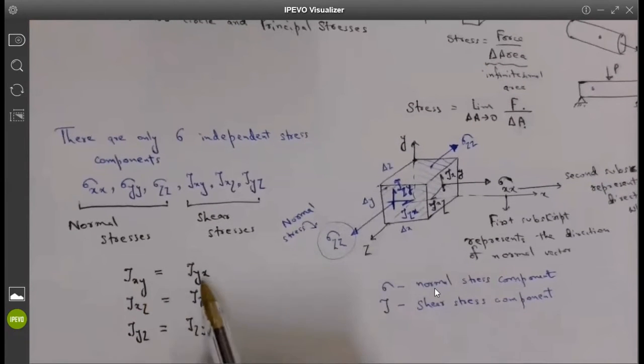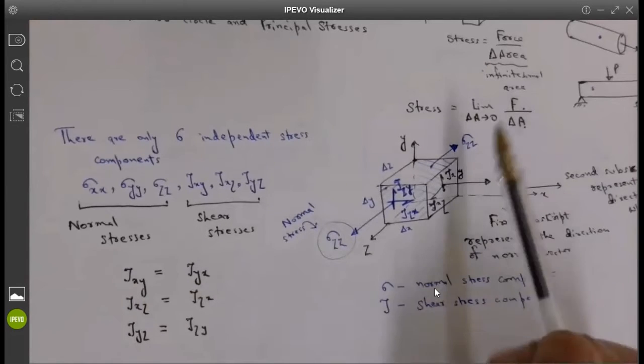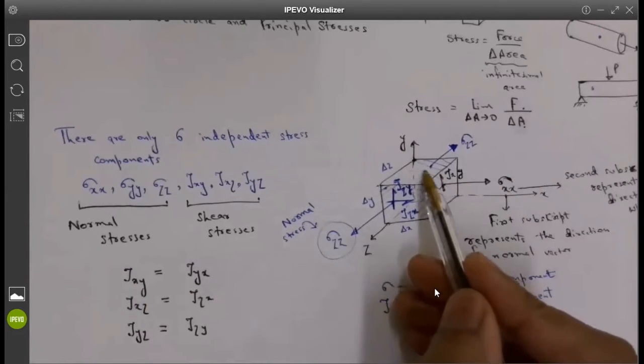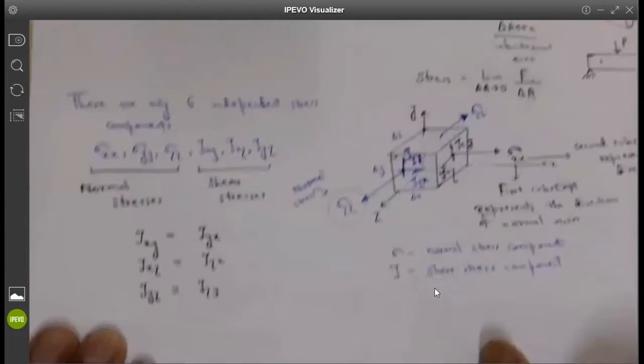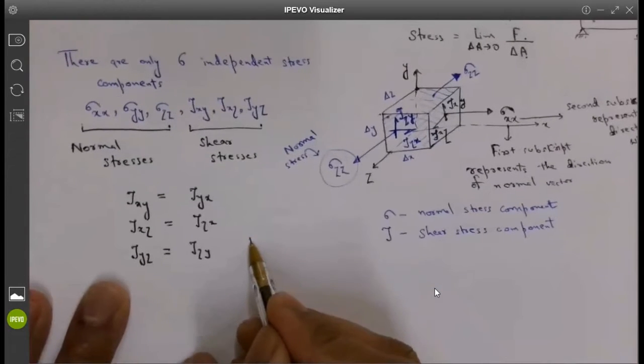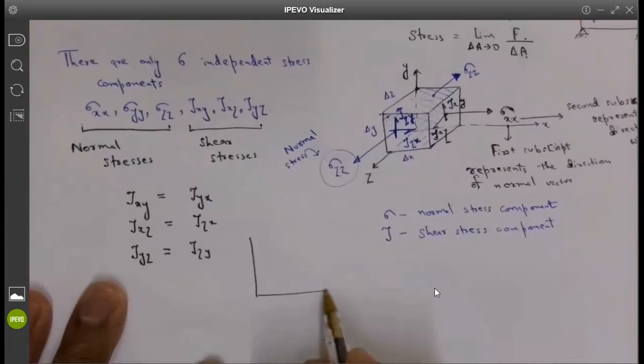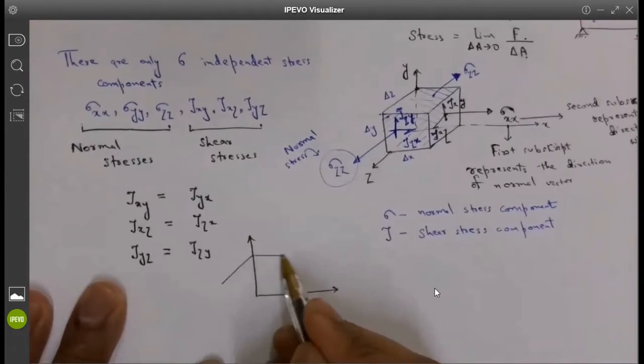So tau XY and tau YX are just the same quantity. Tau XY is acting this way and tau YX will be acting on the top. If you do not get it, let me show you why they have to be equal.